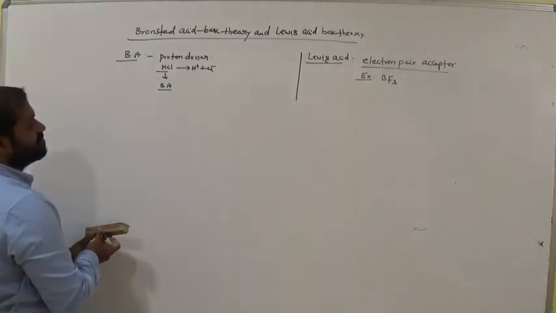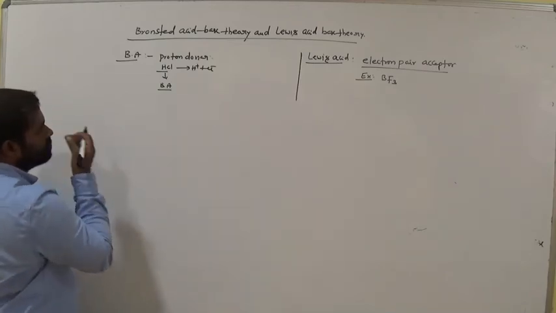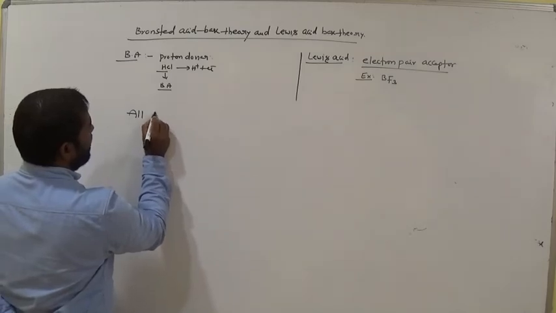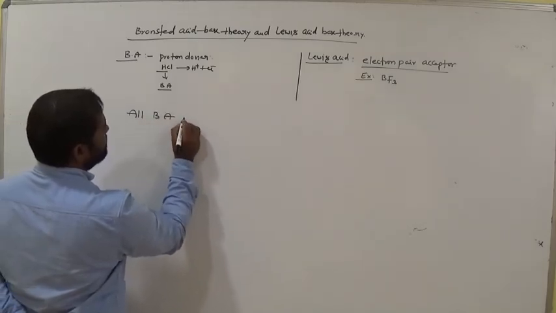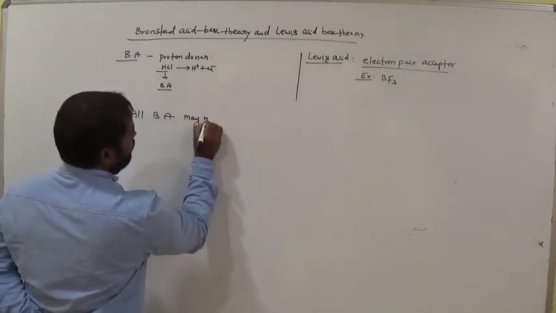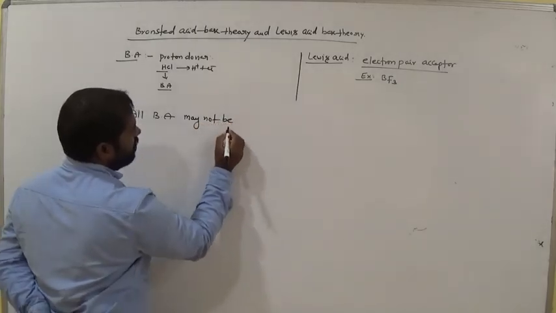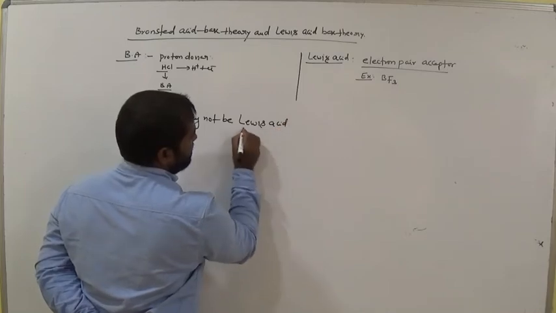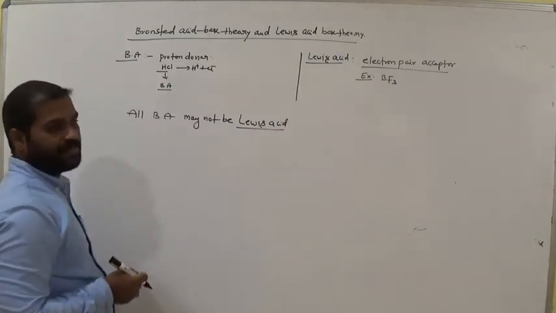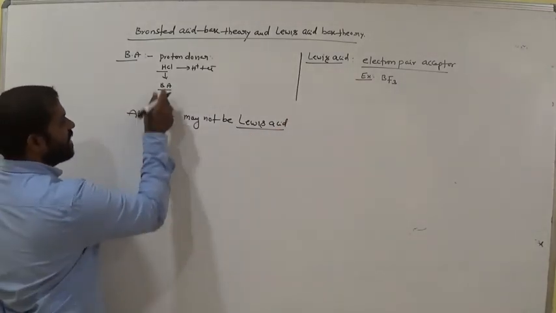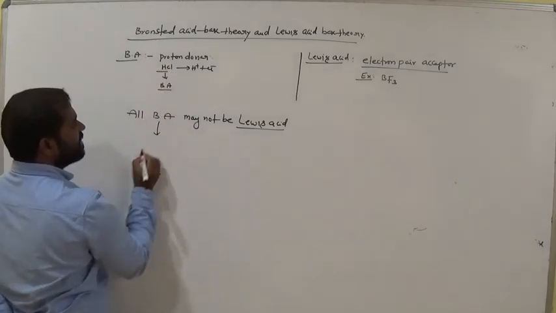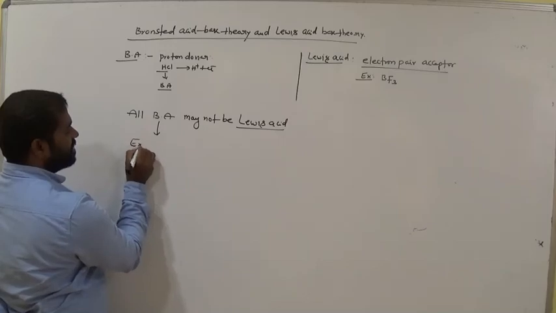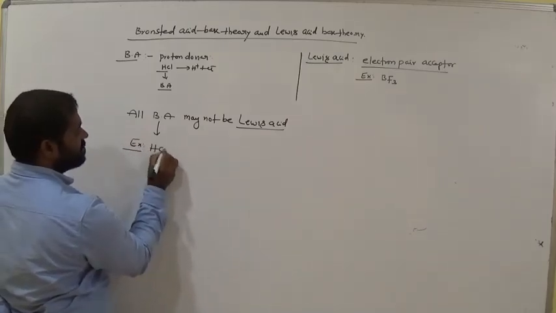Next comparison: all Bronsted acids may not be Lewis acids. So what is a Bronsted acid? A proton donor, am I right? Example for Bronsted acid: HCl.